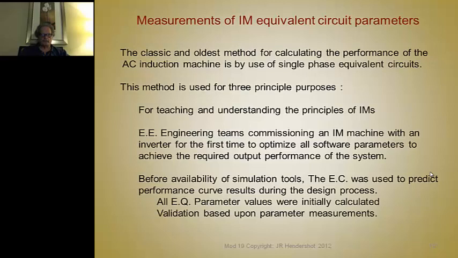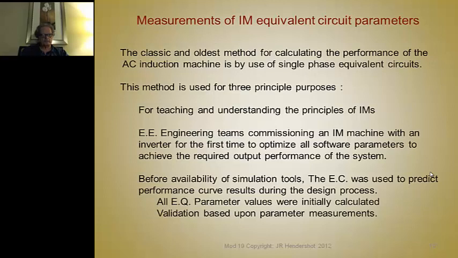And the third reason is that this tool was actually used to predict the design of motors before we had computers. Before we had simulation tools that use computers to simulate the performance of machines, and finite element solvers and things like that, the equivalent circuit was used to predict the performance curves resulting from their design process.